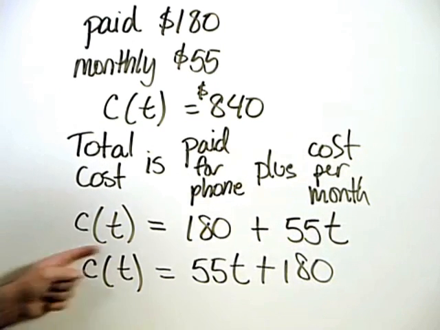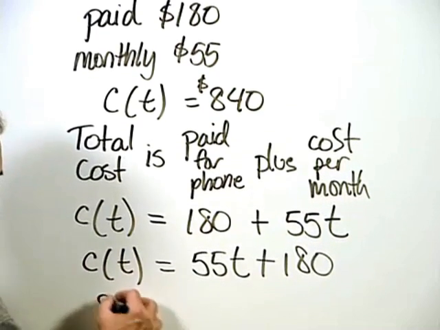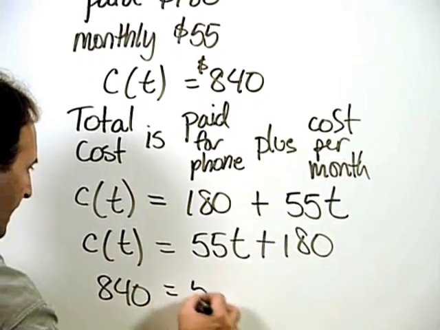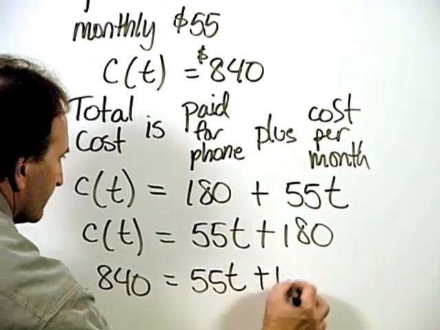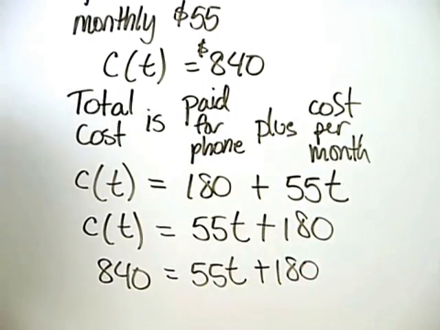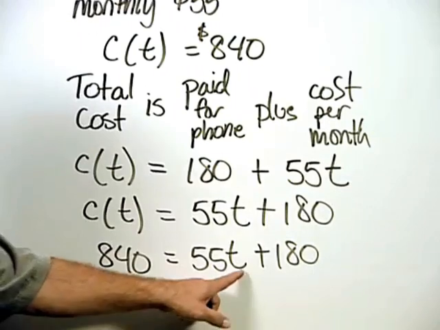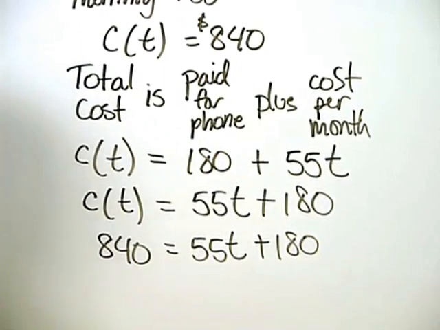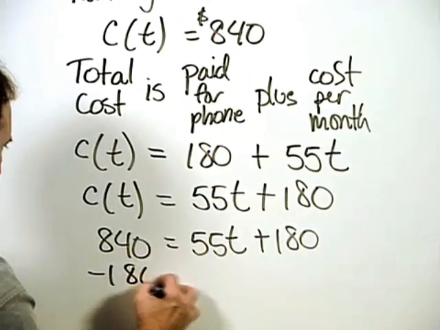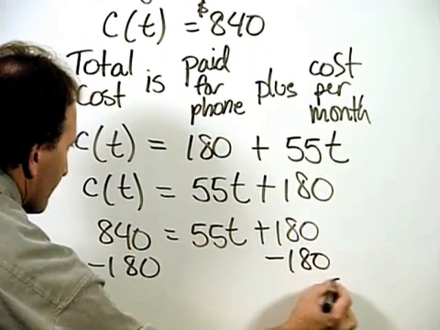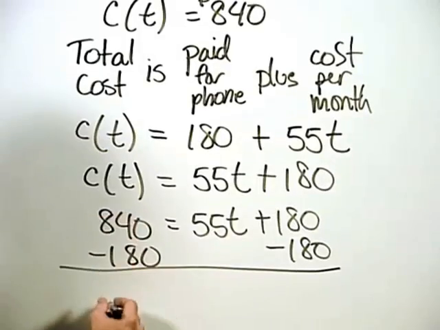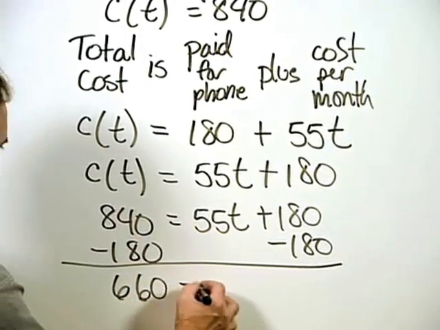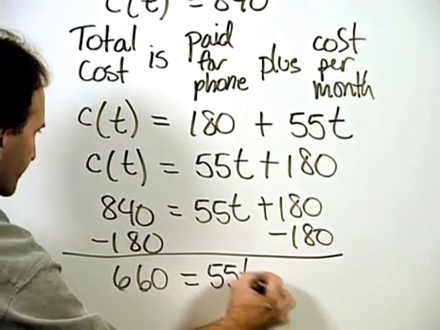Now what we do is we set the cost equal to 840, and that equals 55t plus 180. And now solve for t. Subtracting 180 from each side, on this side we have 660 equals 55t.